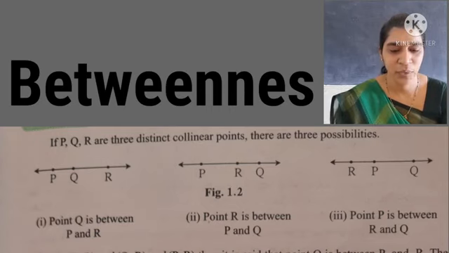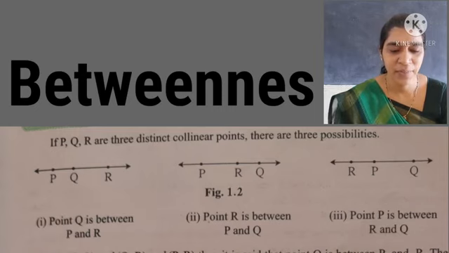So here you must remember the condition. In the first figure, points P, Q, R are collinear, and if distance PQ plus distance QR is equal to distance PR, then Q is between points P and R.